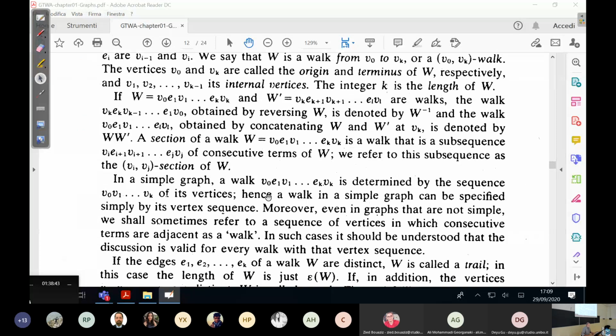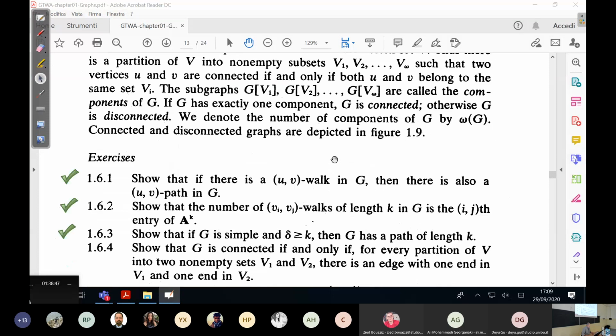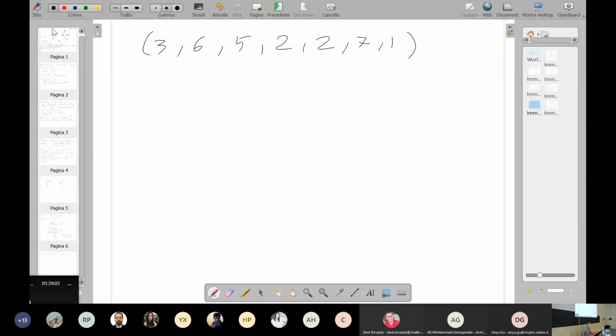Okay, so we went to paths and connection. Now this, I will solve, but I hope that you have also tried to solve it. Show that if there is a UV walk in G, then there is also a UV path in G. And this was given with an example, where was it?